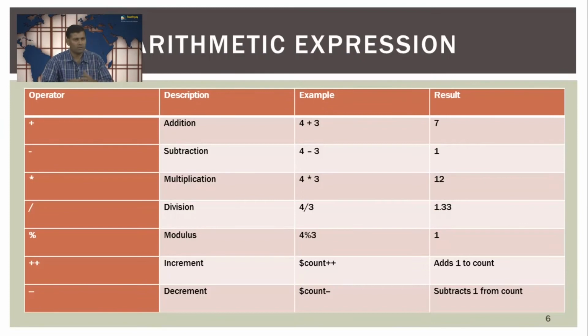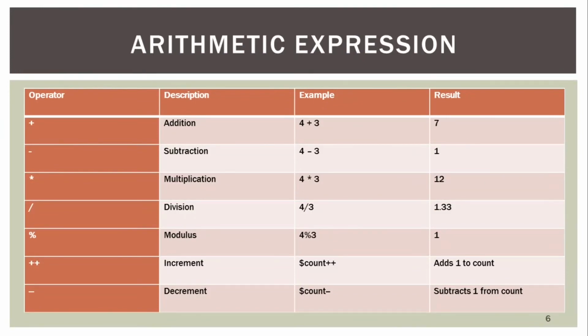The operator symbol is plus to make addition, I write an example and its result, subtraction, same way multiplication, division, modulus division means the percentage symbol, which will give you the remainder. For example, if you write 4 modulus 3, you can write 4 divided by 3. The quotient is 1, 3, 4 minus 3 is 1. Now, you cannot divide further, so 1 is the remainder. So, this is the modulus operator.